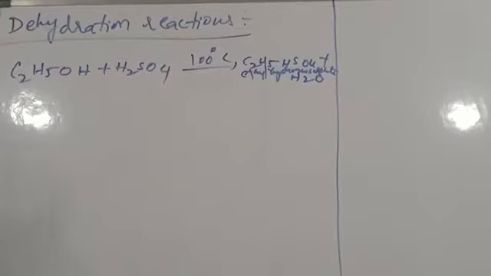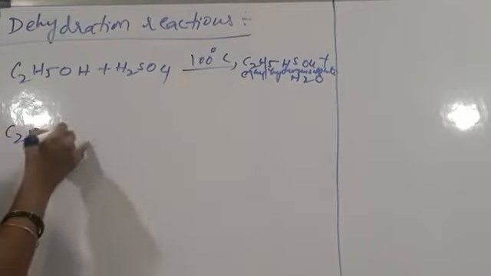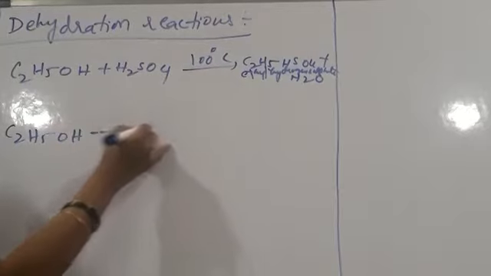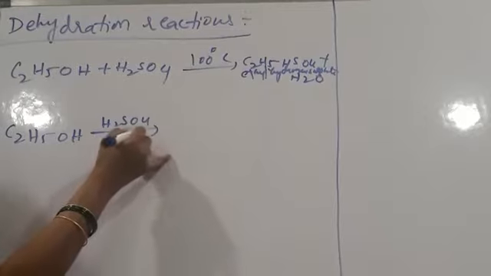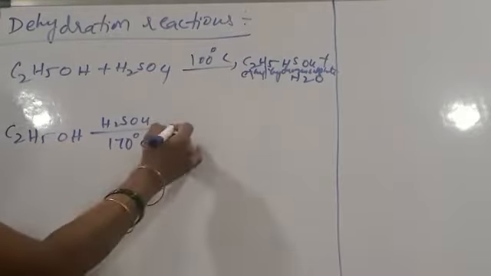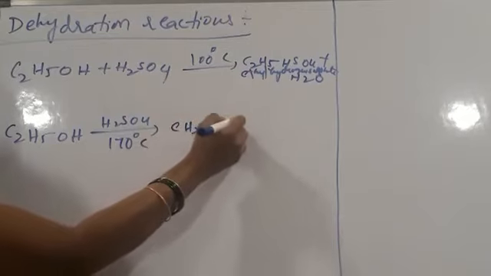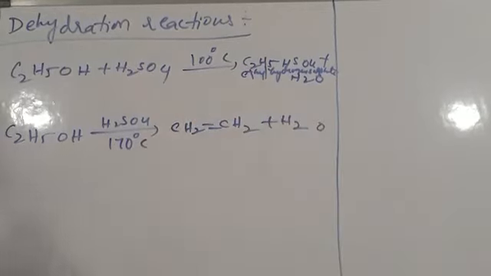At 170 degrees centigrade, in presence of sulfuric acid, here we get ethylene, with the removal of H2O.